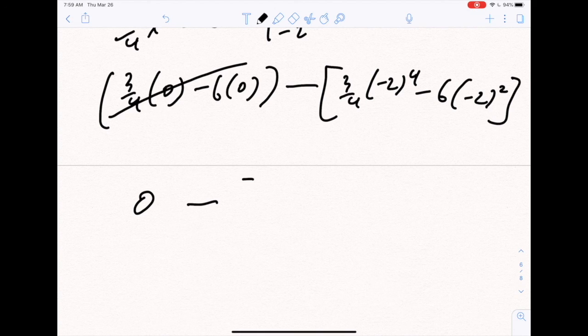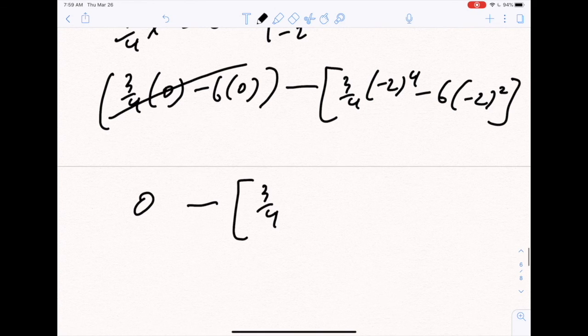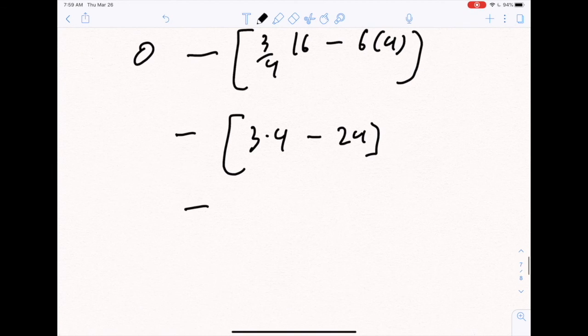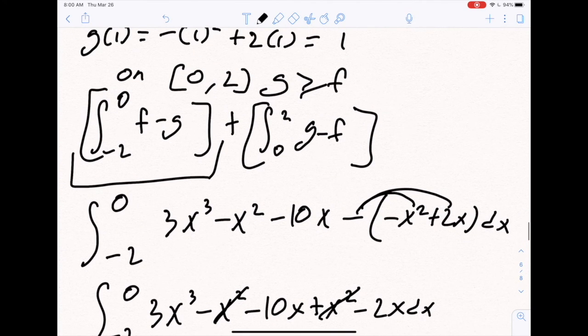So we have minus 3 over 4 times 16 minus 6 times 4, which is minus 3 times 4 minus 24. So that's minus 12 minus 24, which is positive 12. So this integral here, the integral from minus 2 to 0 of f minus g, gives us positive 12.